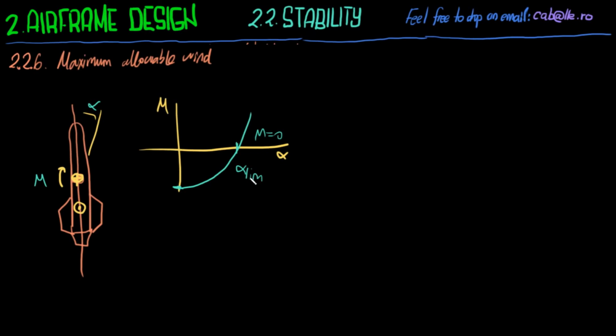And by the way, this alpha limit is a function of the geometry, but also the flight conditions. This means that it's going to vary along the flight. It's not going to be constant.